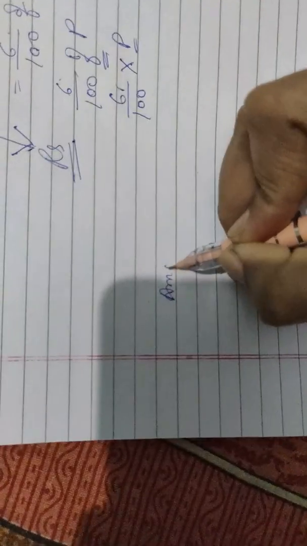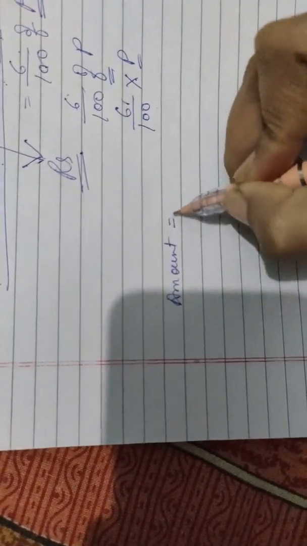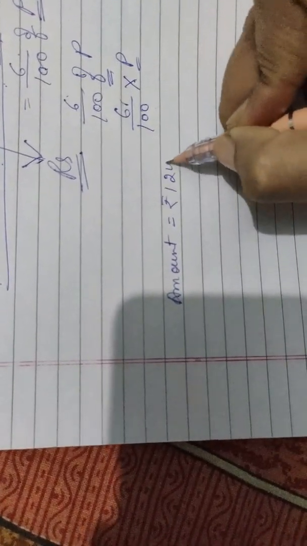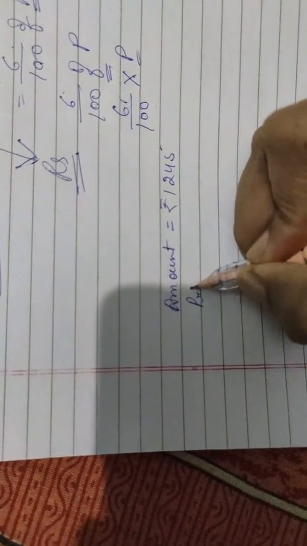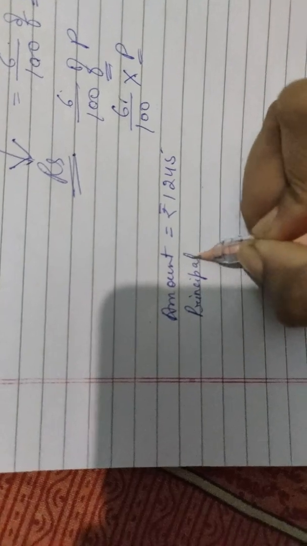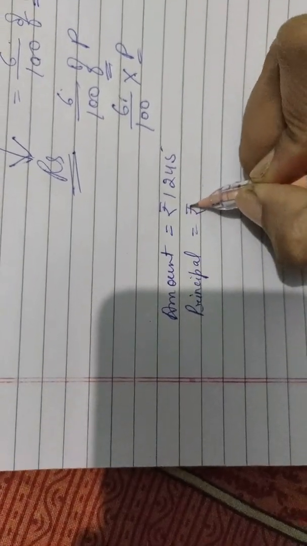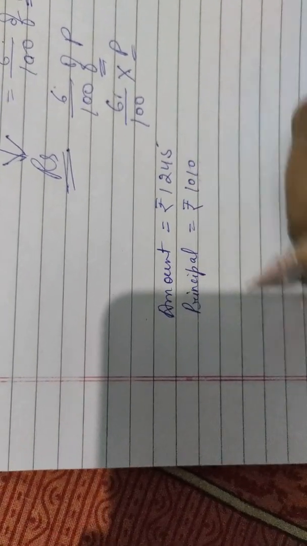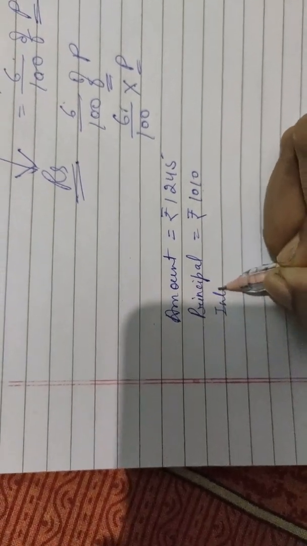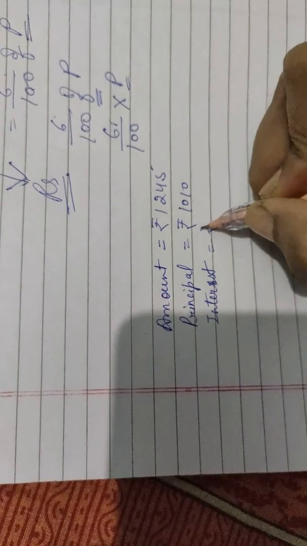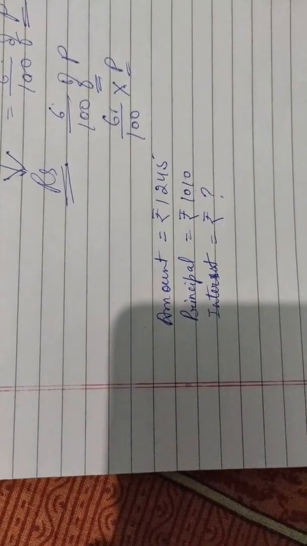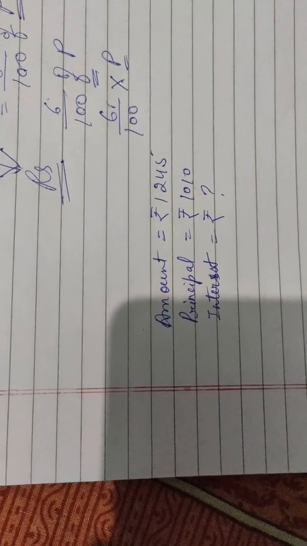First of all you will write amount equal to rupees 1245, then principal equal to rupees 1010 and interest equal to rupees what? Question mark.